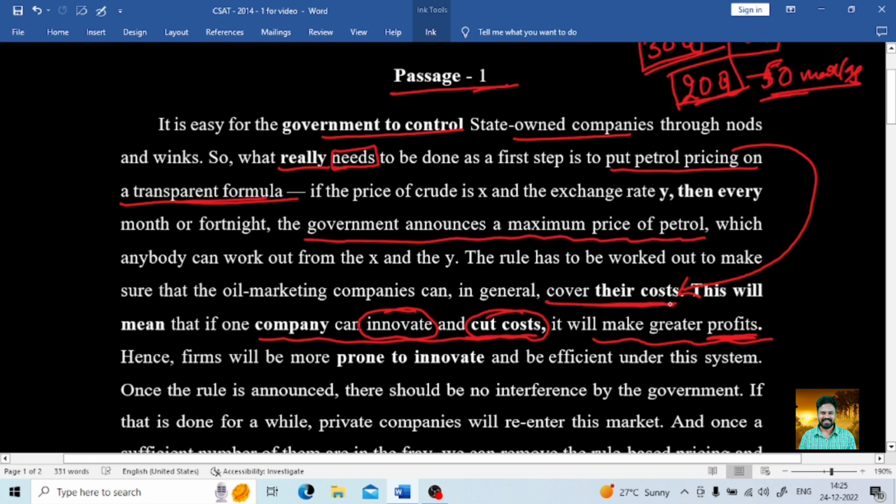Cutting cost will happen when the petrol pricing is regulated through a transparent formula, not by the government. Understood? Clearly understood? Hence, firms will be more prone to innovate, which means if this happens, oil producing companies will be doing more innovation and be efficient under this system. Okay, done.